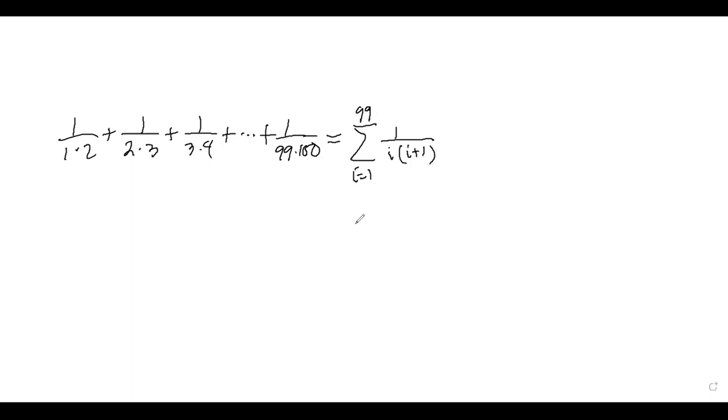But the problem is we cannot directly use the telescoping sum here, because as we all know, the telescoping sum should be written in the form f of i plus 1 minus f of i, where i ranges from m until n, so that in the end, it can be written as f of n plus 1 minus f of m.